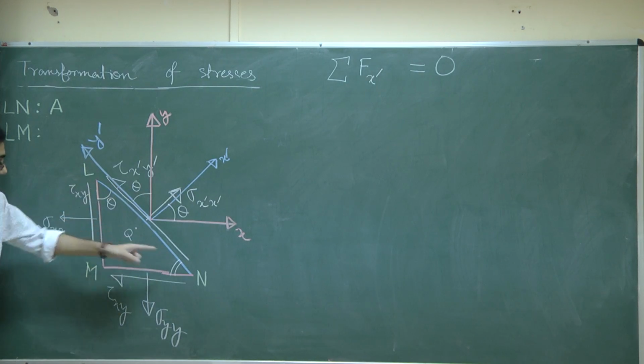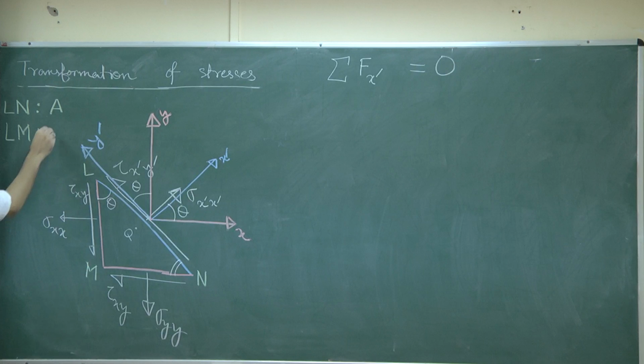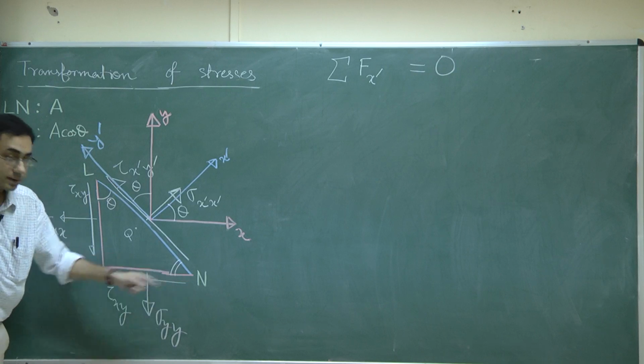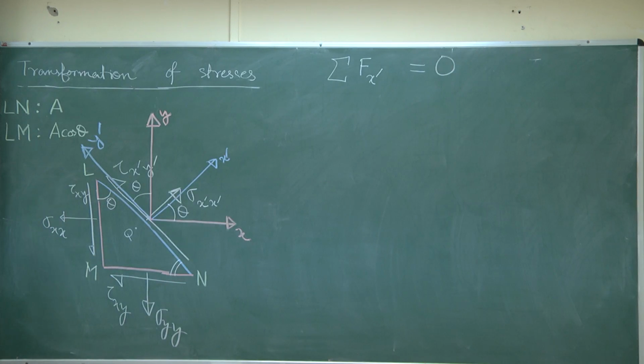This is A, this will be A cos theta. And finally, this face represented by the edge MN, it will have the area A sin theta.